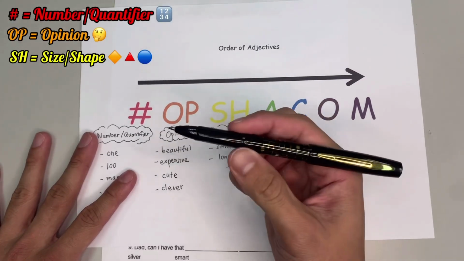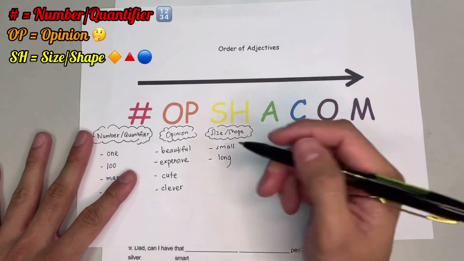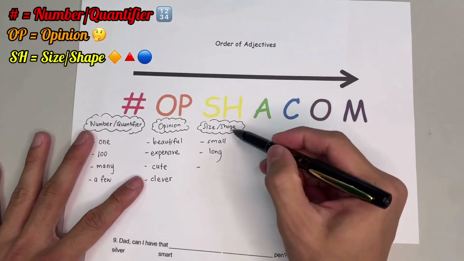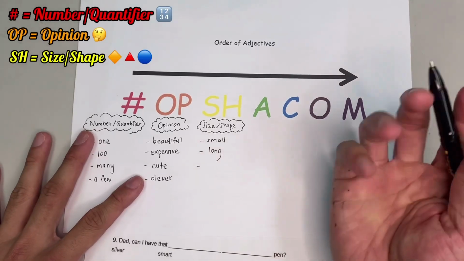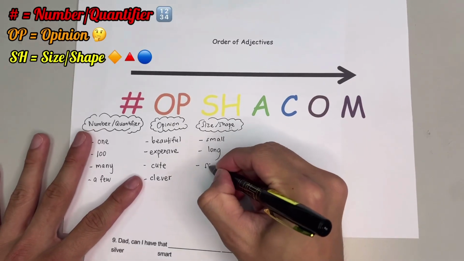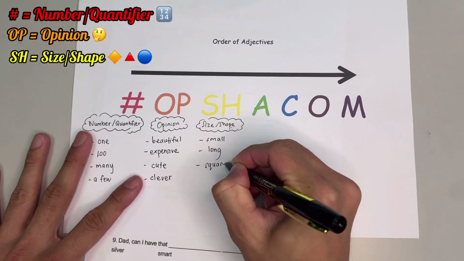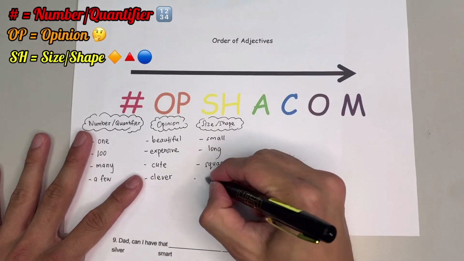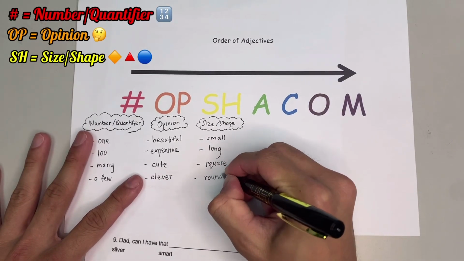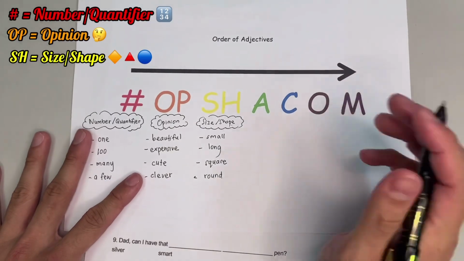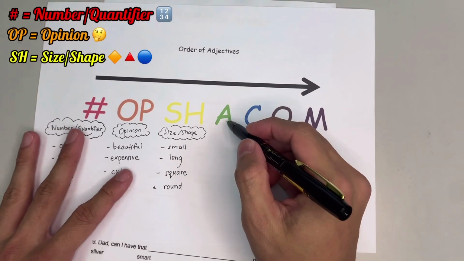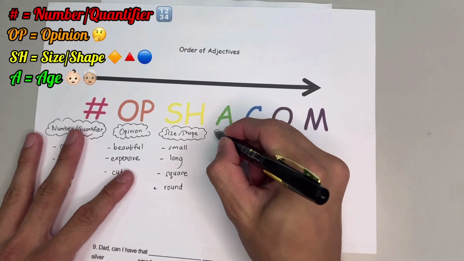This pen is long, short. Those are examples of sizes. And shape? Square. The watch is square. How about round, rectangular, triangular? Round, spherical, and many more.